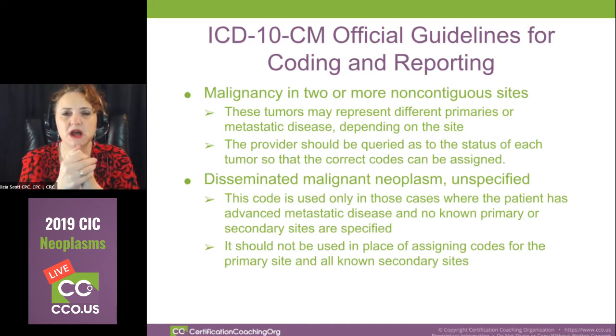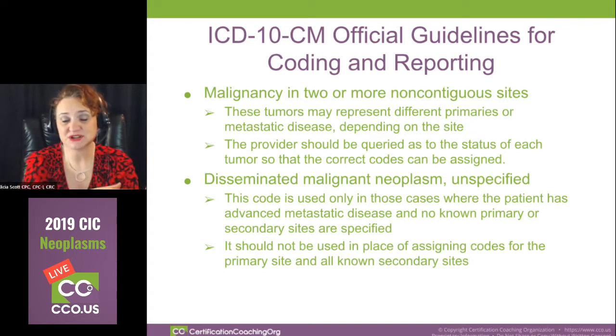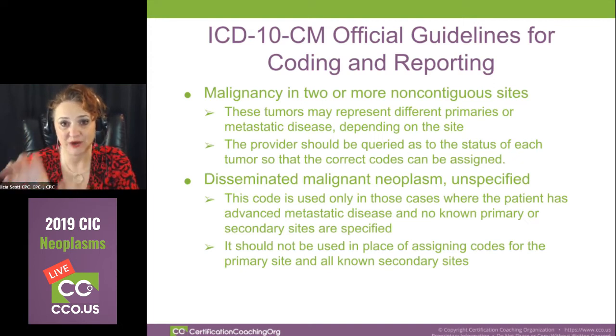Is that common? In my experience, I don't see that very often. However, if you work with a tumor registry or do oncology full time, you're probably going to be exposed to that much more. Can it happen? Absolutely, it can happen. And how do we know the difference? Because of the documentation. Why do we want to make sure we get that coded correctly?